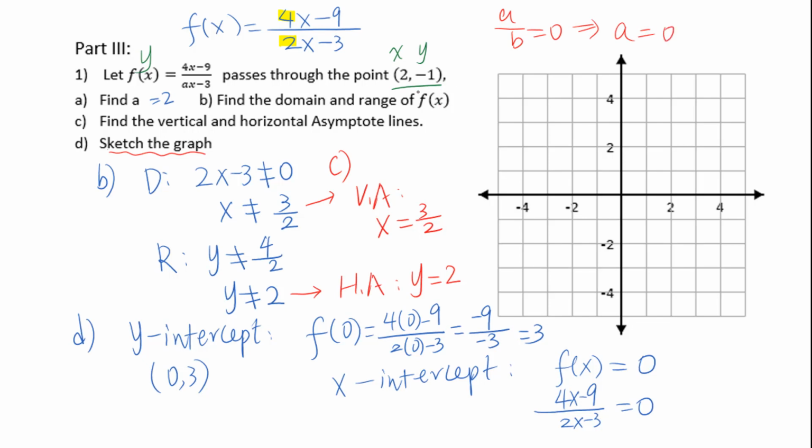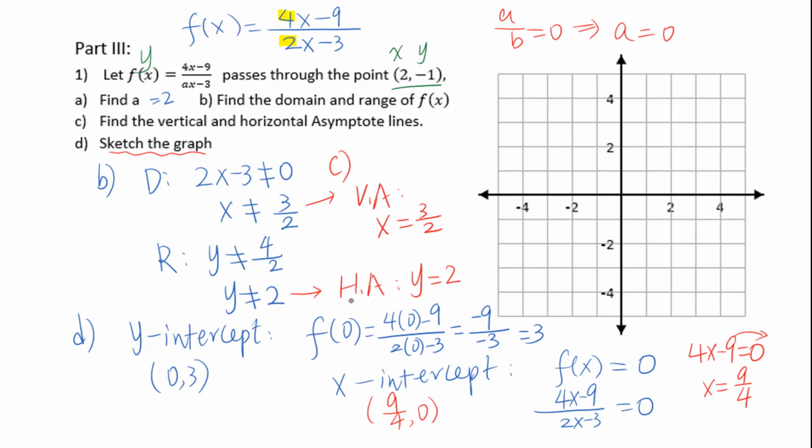So for a rational function, we make the numerator equal to 0 to figure out the x-intercept. 4x minus 9 equals 0. Cross the river, change the sign. You will figure out x equals 9 over 4. So the x-intercept is (9 over 4, 0).